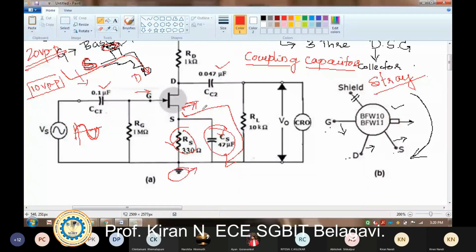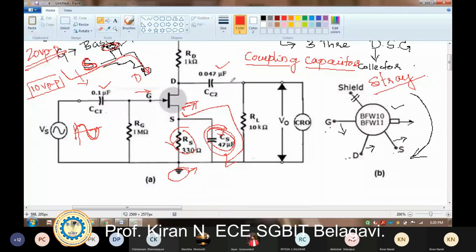So all the excess voltage which is not required by this JFET is transferred to the ground terminal through this capacitor. That is the reason why we connect this capacitor there.